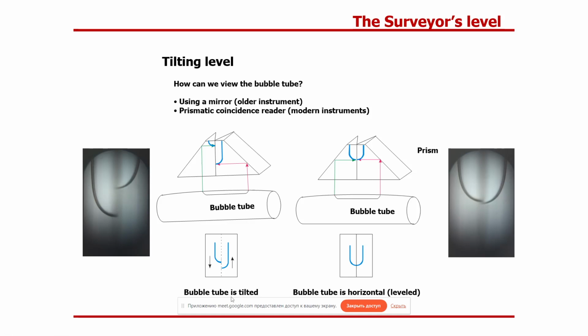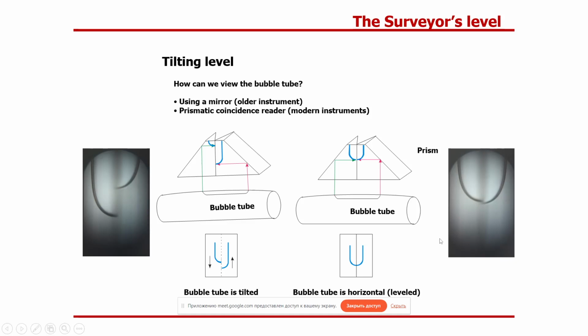On the left you see the bubble tube is tilted, and on the right you can see the bubble tube is horizontal, because this prism reflects the opposite sides of the bubble in one ocular.